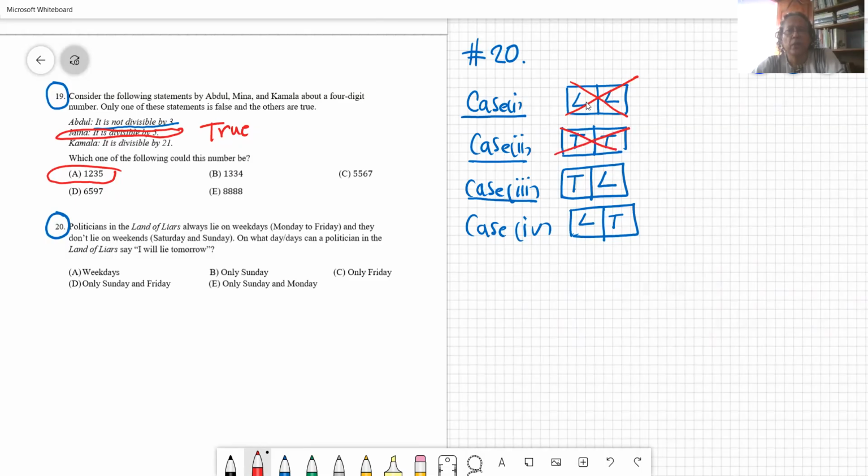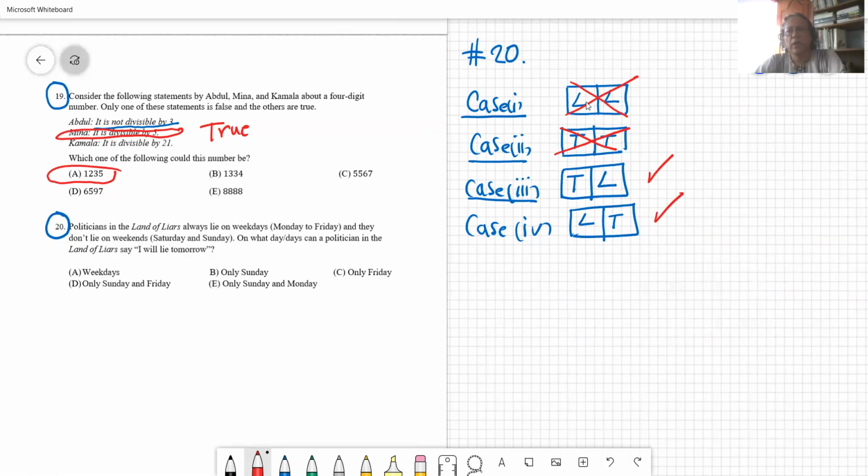All right, in case 3, if he says that I will lie tomorrow is the truth, then he has to lie tomorrow. So this is possible. And then if he says on the first day, on which he has to lie, I will lie tomorrow, then he has to tell the truth. So this is also possible.